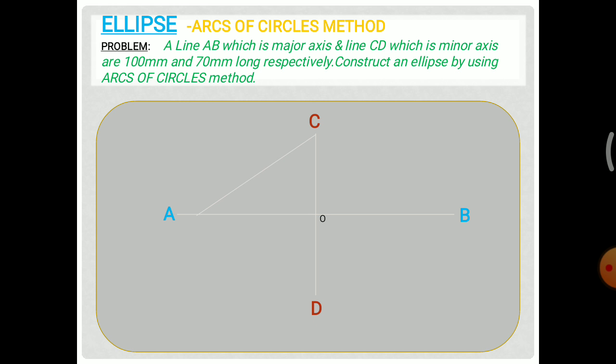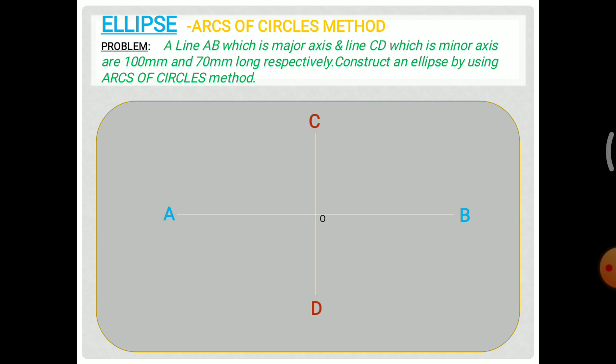Then we have to define the foci points here on the major axis. So take AO as length, that is half of the major axis as length, and C as center. You can take any point on the minor axis, that is C or D. So I am taking the C point now.